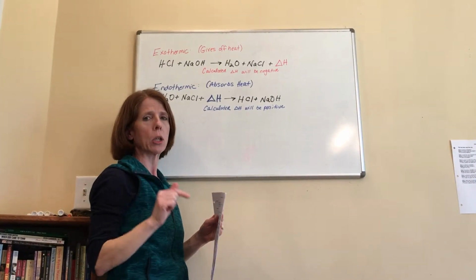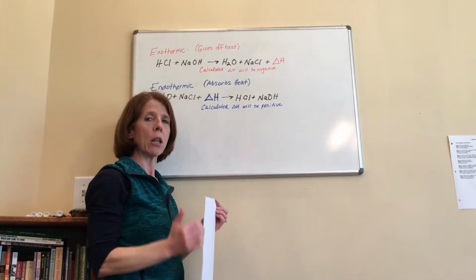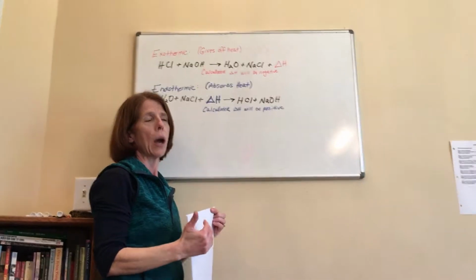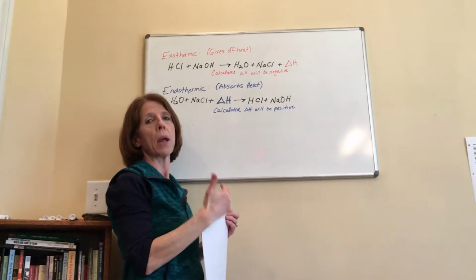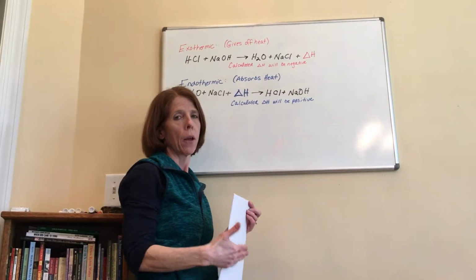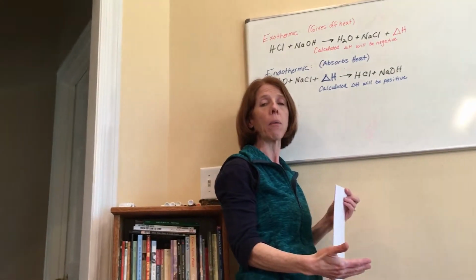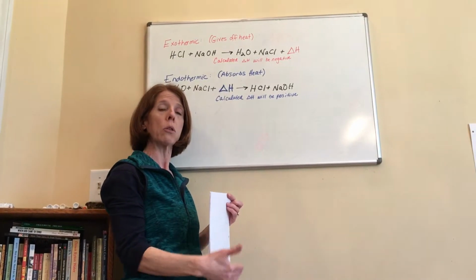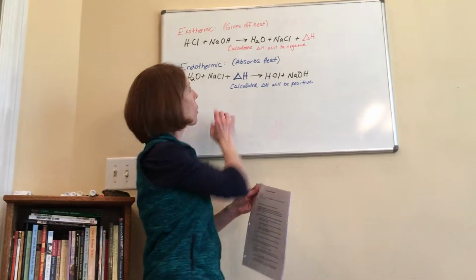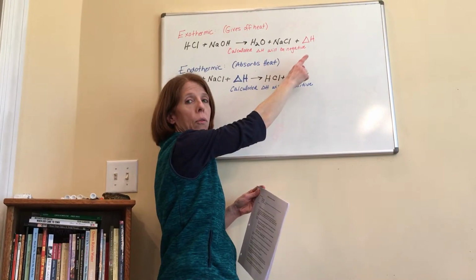Now, one other thing I want to make sure we understand is that when we calculate a change in enthalpy, we're going to get either a positive or a negative number. And that is because of the manner in which our calculations have been set up. The reason that we get a positive or negative number is so that we can easily identify whether we've got an endothermic reaction or an exothermic reaction. A calculated change in enthalpy in an exothermic reaction is going to be negative.